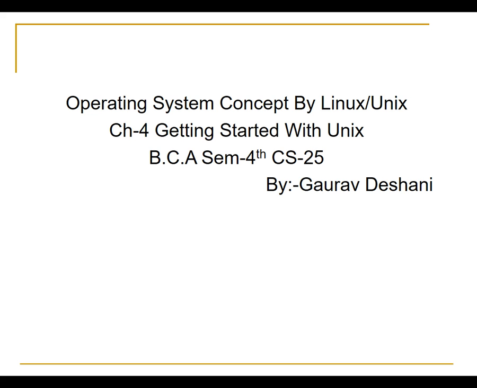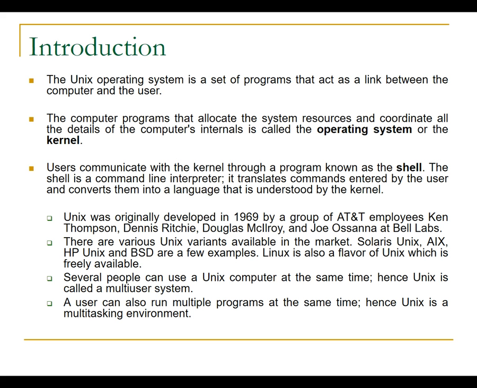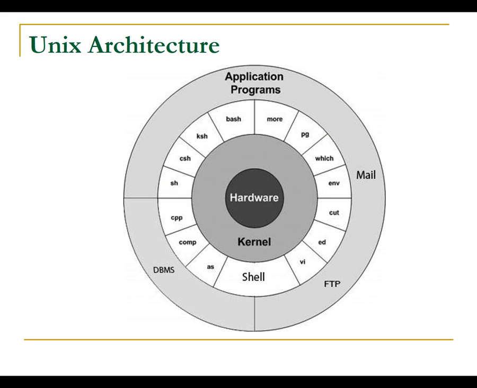A question may be asked like this: write a short note on Unix architecture, or draw and explain Unix architecture in detail. Before discussing Unix architecture in detail, this is the diagram of Unix architecture which we have to consider.